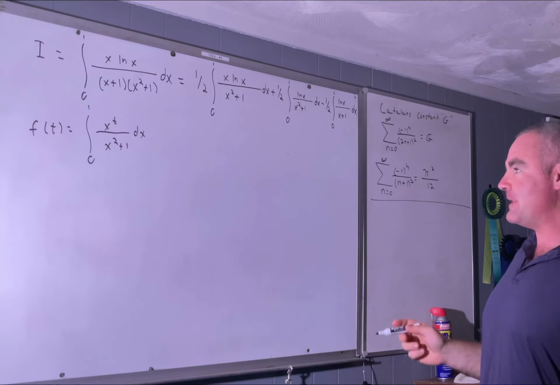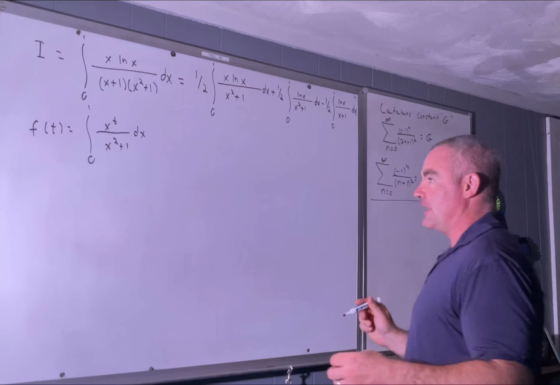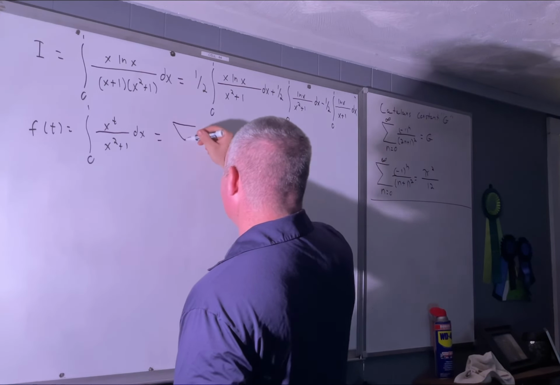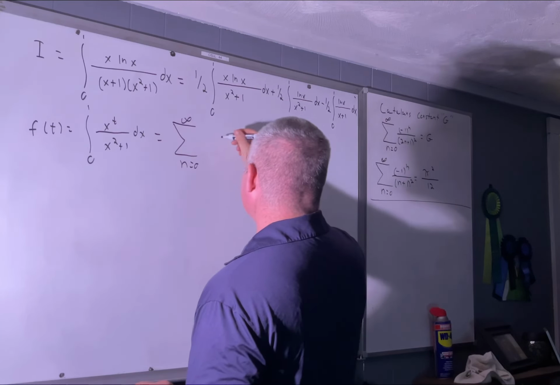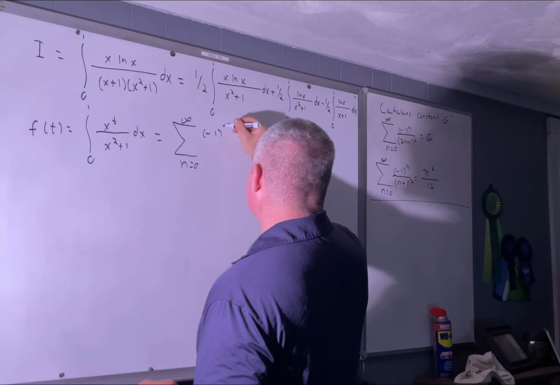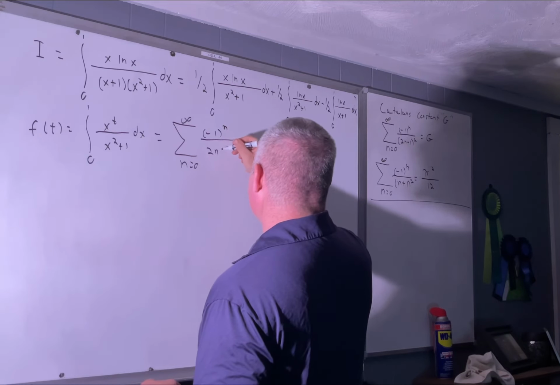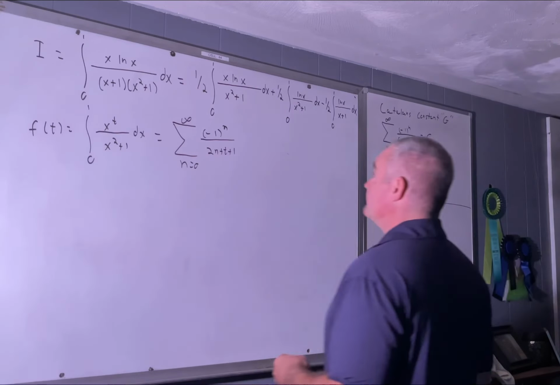I've done this many times on this channel, so I'm just going to jump right to what the answer is going to be. This is going to give us the sum, as n goes from 0 to infinity, of -1 to the n over 2n plus t plus 1.